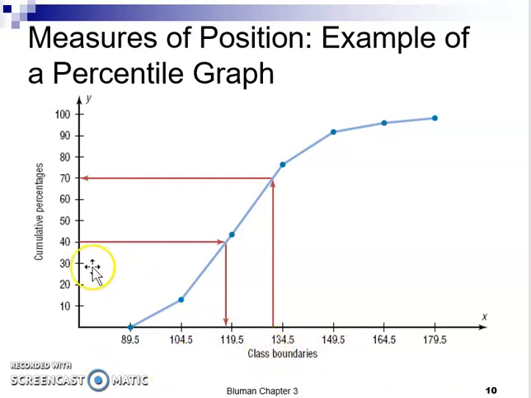So for a percentile of 40, notice that it corresponds to something like 118 as a score. And for a percentile of 70, it corresponds to something like 132. Or you could look in reverse and say, if the score is 132, what percentage of values fall below that 132? That's going to be 70%.